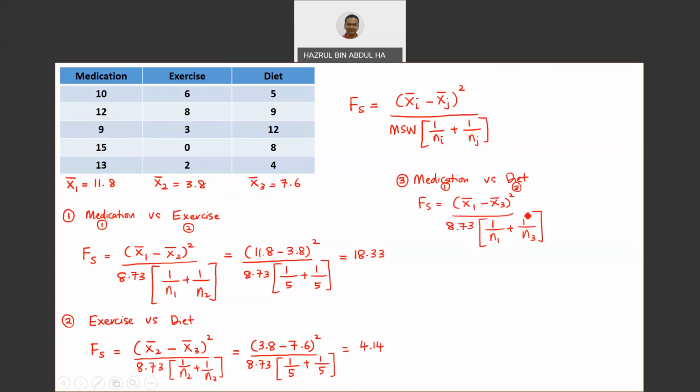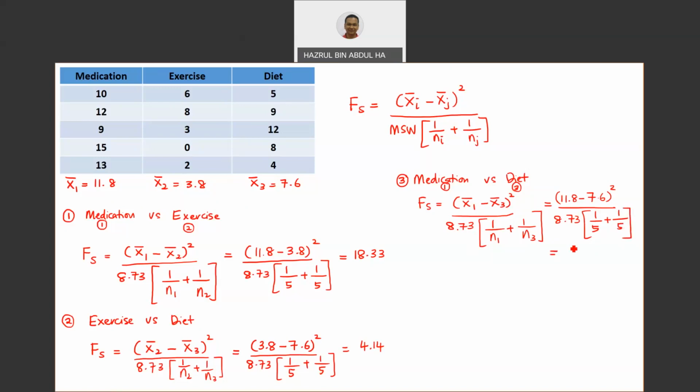So this is equal to x bar 1, which is 11.8, minus x bar 3, which is 7.6, squared, divided by 8.73 multiplied by 1 over the number of samples in the first group, which is 5, and the number of samples for the third group, which is also 5.